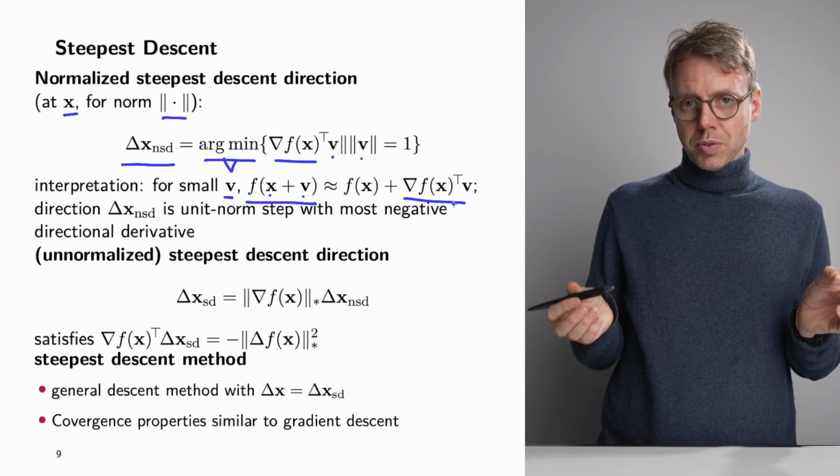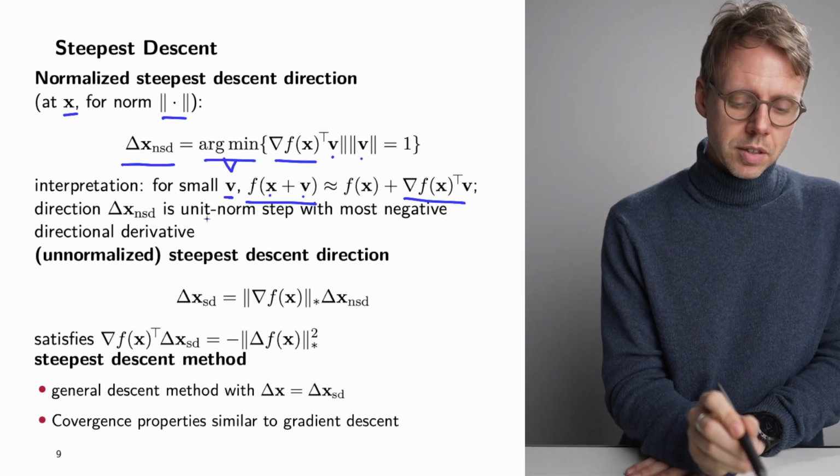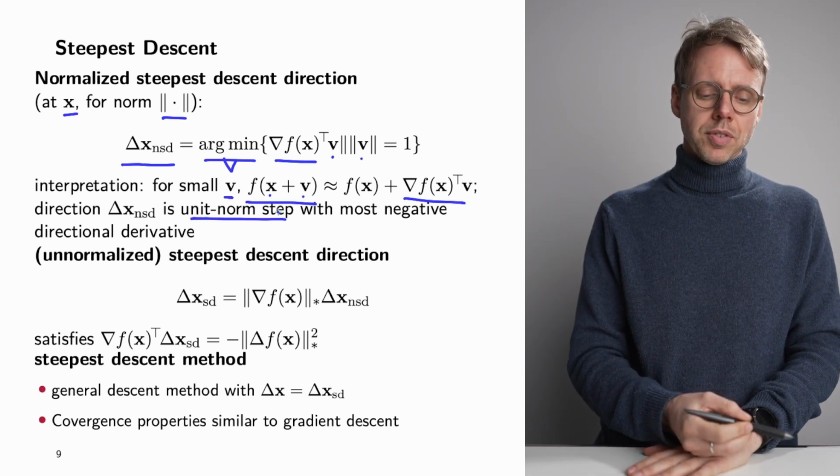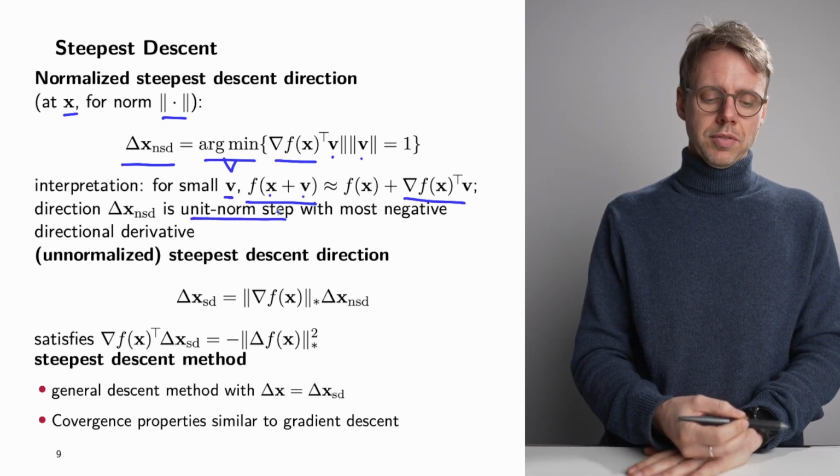So the search direction here is always a unit norm step with the most negative directional derivative.